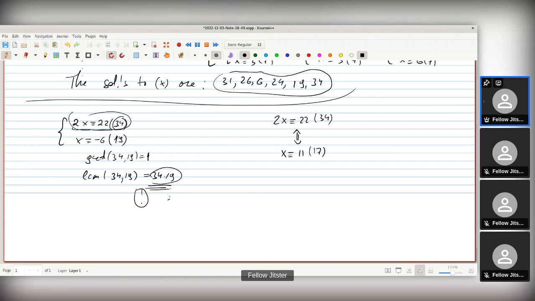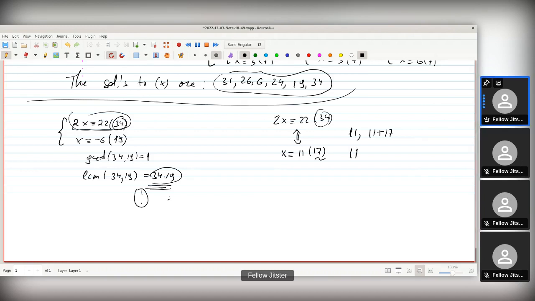They are equivalent. Is it clear? Yes, and because they have a greatest common divisor, we have more solutions modulo 34. We have 2 solutions: 11 and what? 11 plus 17.